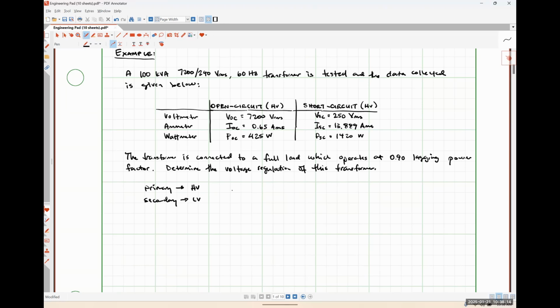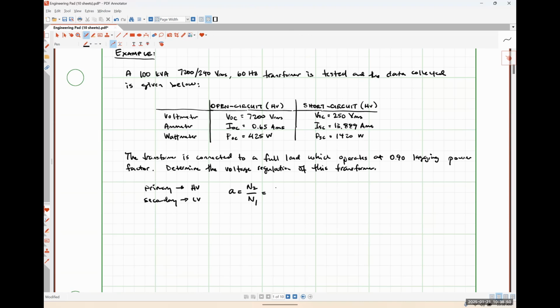So from this, our turns ratio is going to be, I have it as 7,200 over 240, but that's actually backwards. So this must be from when I made notes in a previous time. So let's work it the way that we would be doing it, right? We define the turns ratio as N2 over N1 thus far in this class.